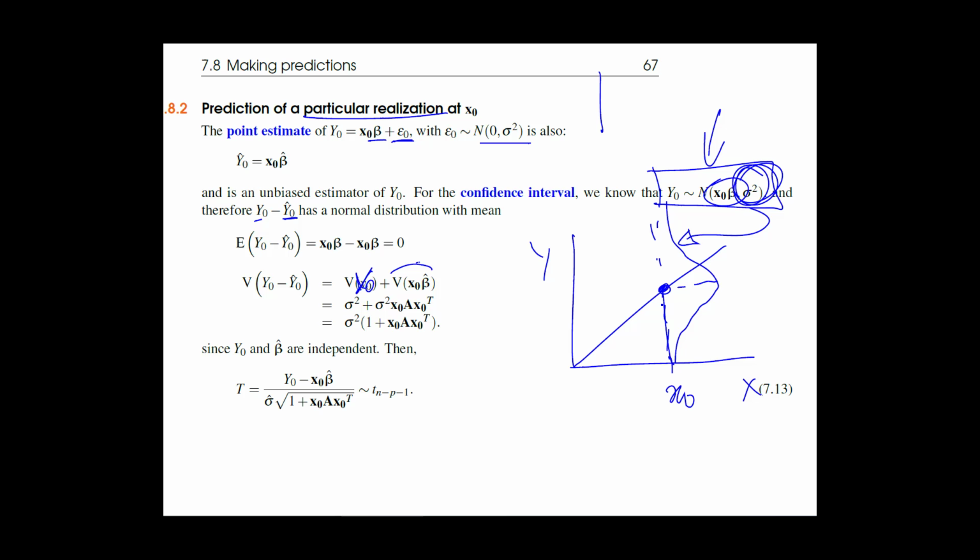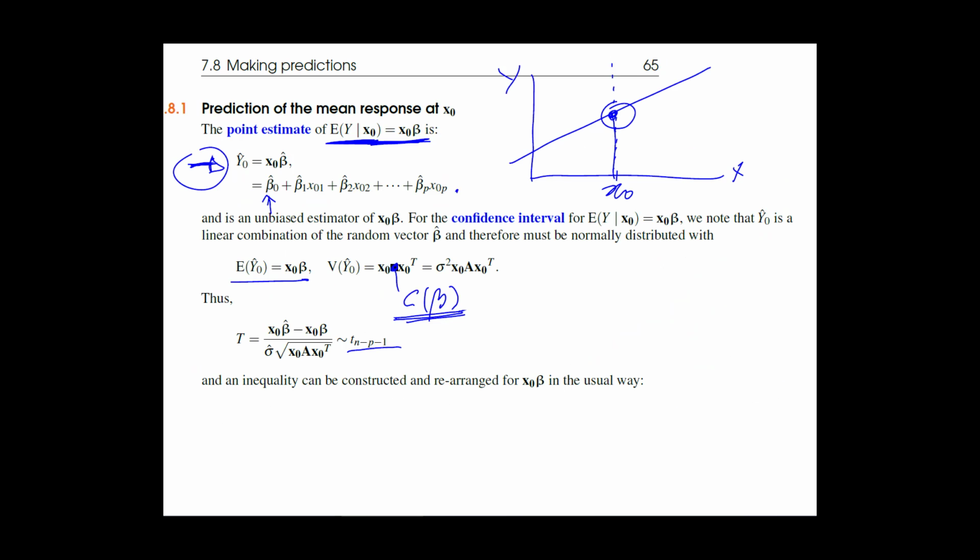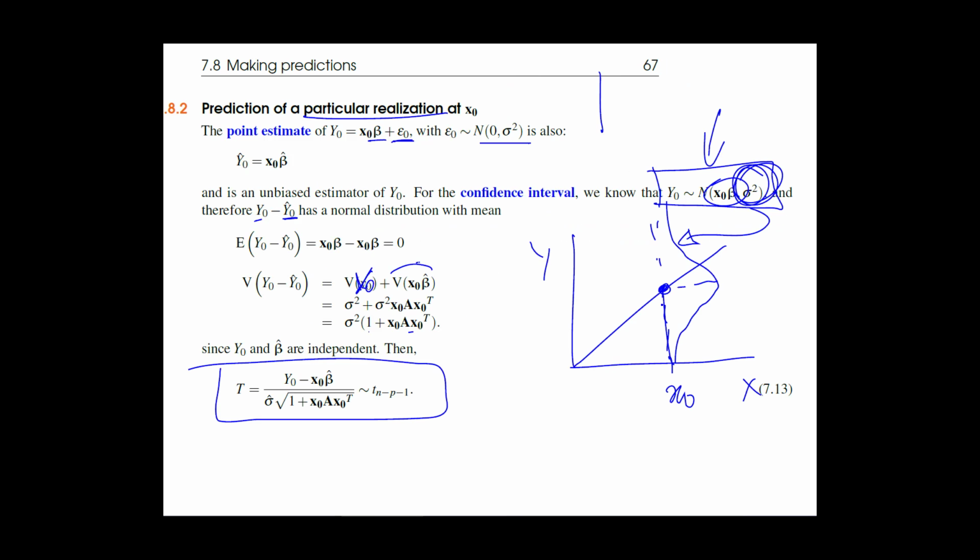So we're going to have this 1 plus term arise here. If you compare this equation with this one, that's the only difference. Here there's not the 1 plus, but here there is the 1 plus, and that comes from this added variance. So this makes a lot of sense.